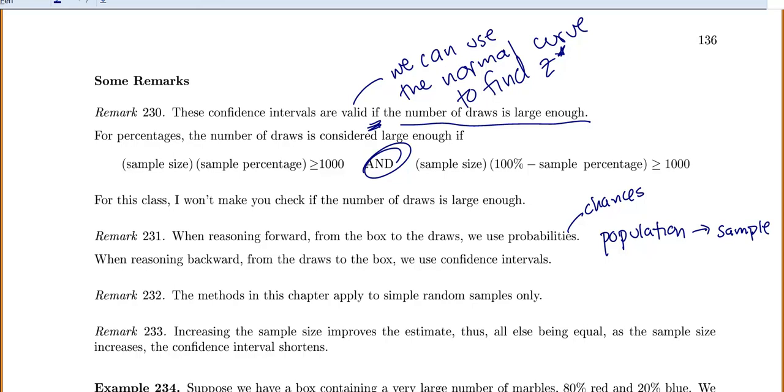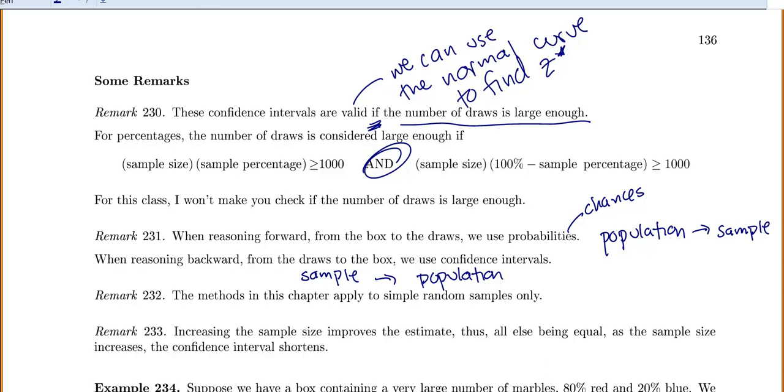When you reason backwards, when you're going from the draws to the box, that means from the sample to the population, we don't talk about probabilities anymore, we talk about confidence intervals. So once again, probabilities are for when you're going from population to sample. Confidence intervals are for when you're going from the sample to the population.